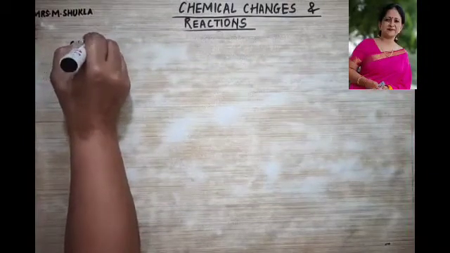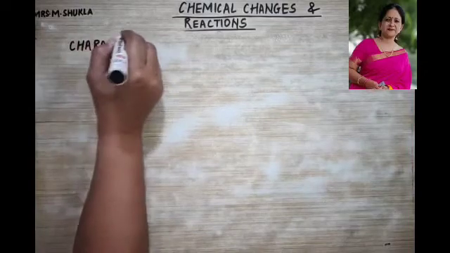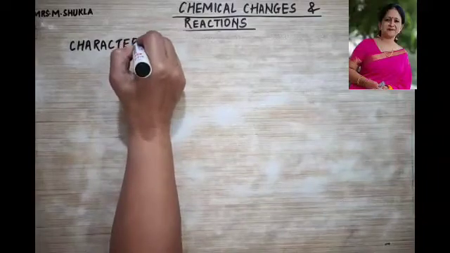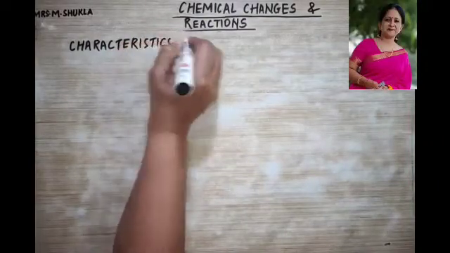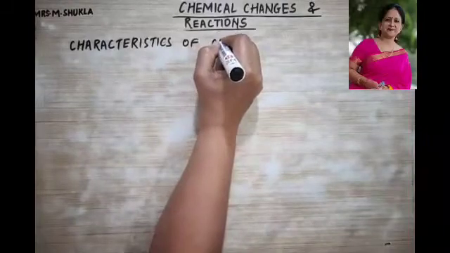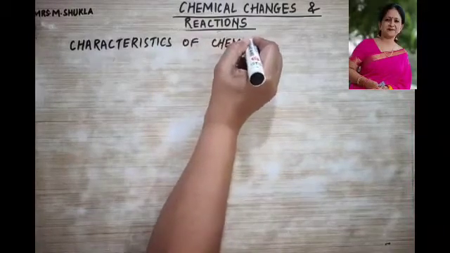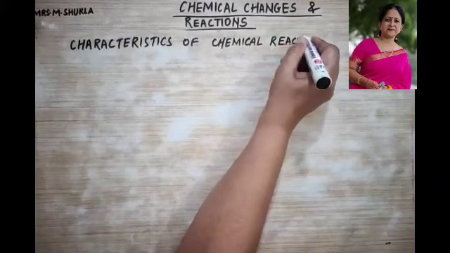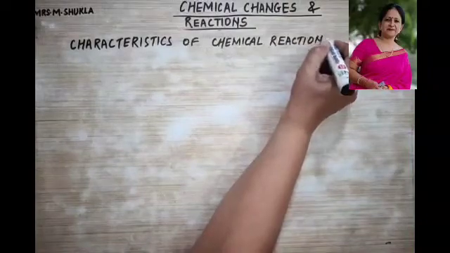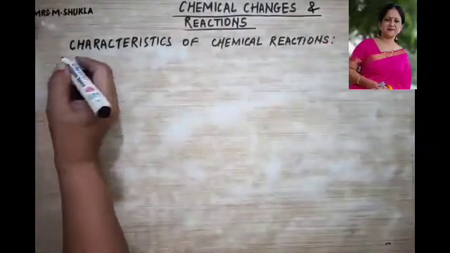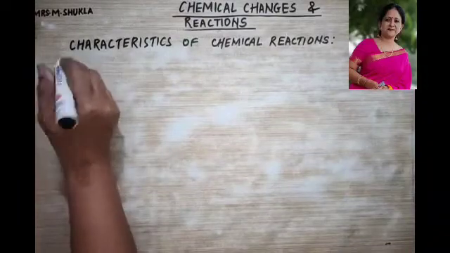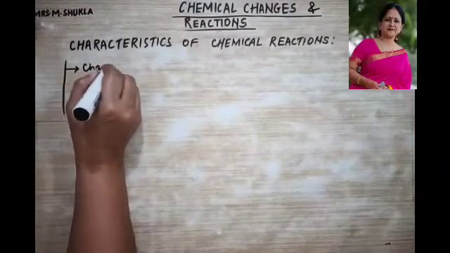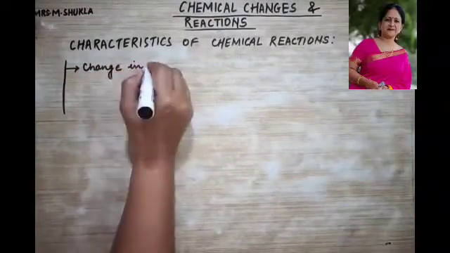Characteristics of chemical reactions. So basically there are 4 characteristics of a chemical reaction. What are those 4 characteristics? Firstly, change in color.